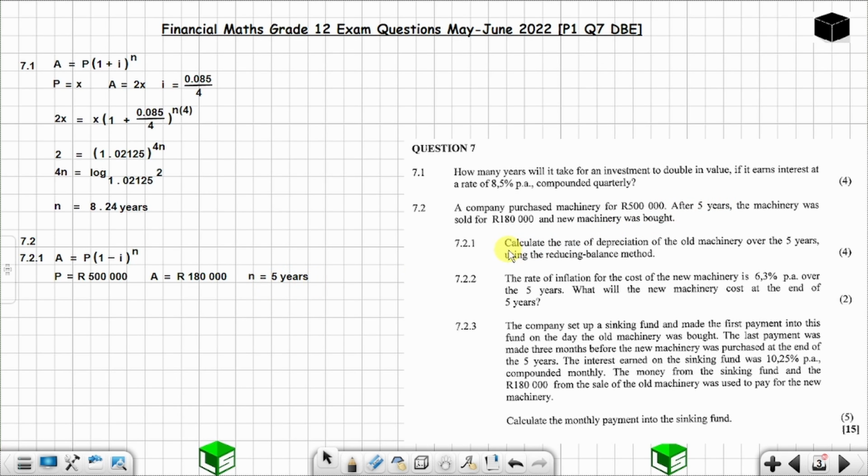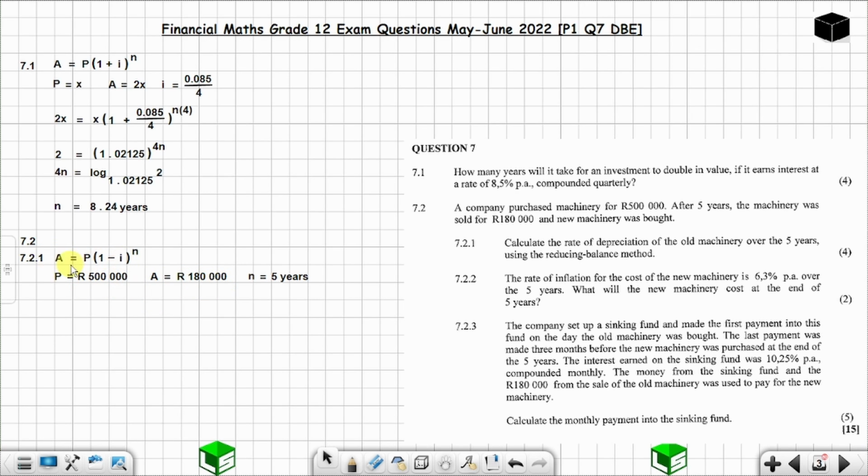Now the question is to calculate the rate of depreciation of the old machinery over the 5 years. You can see the price depreciated from 500,000 to 180,000.